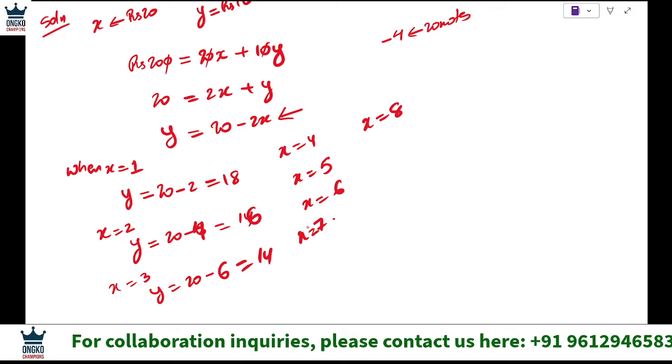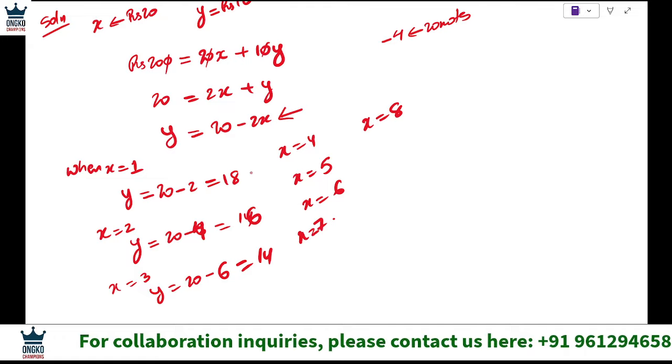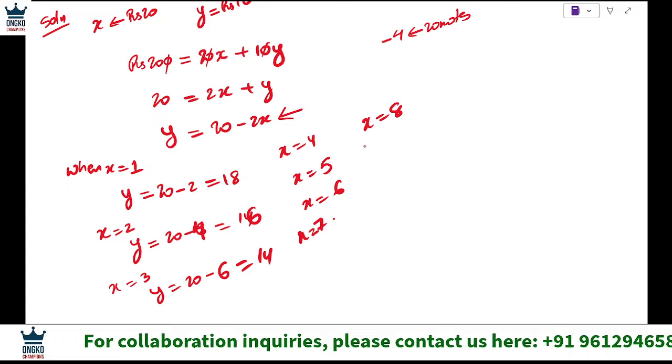I'm just skipping all those things. You can put the values and you will get results in terms of positive integers, right?